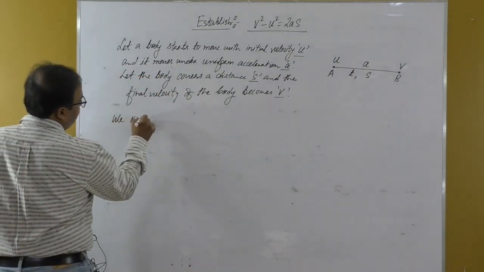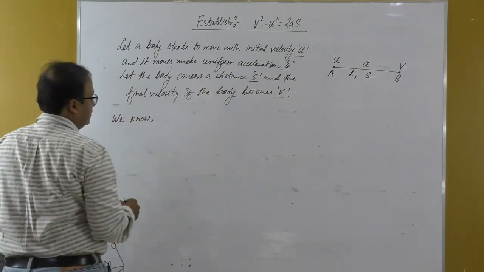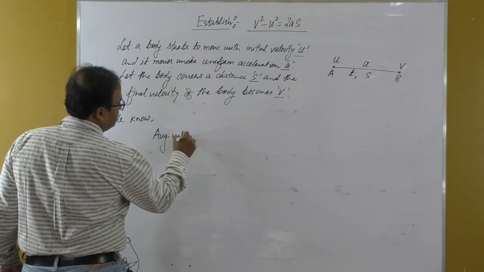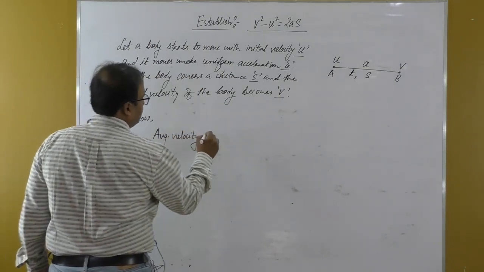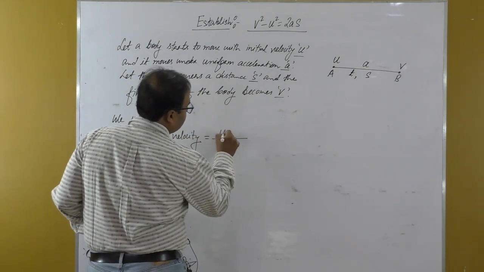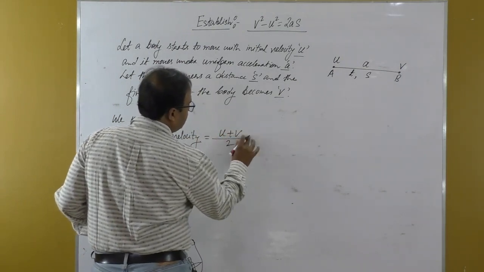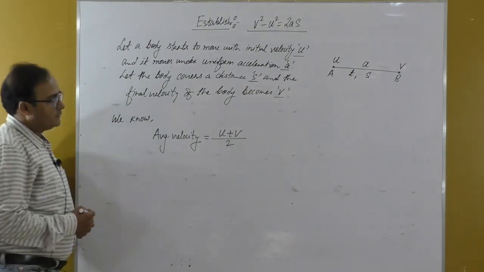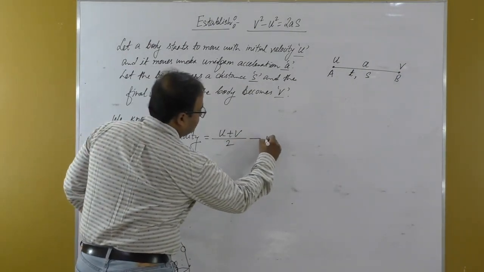And we know one thing, we know the formula for average velocity. Formula for average velocity is already known to us, u plus v by 2. Let this be relation 1.